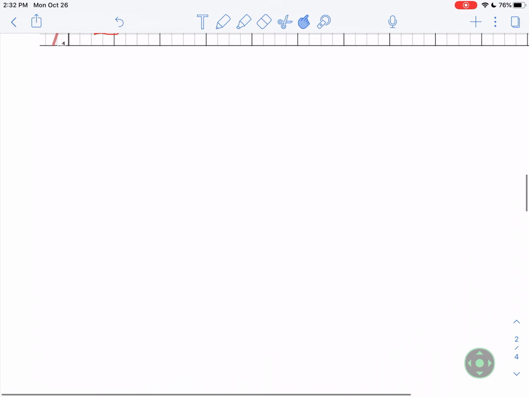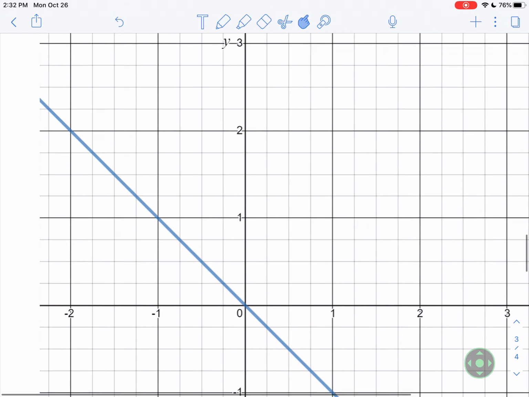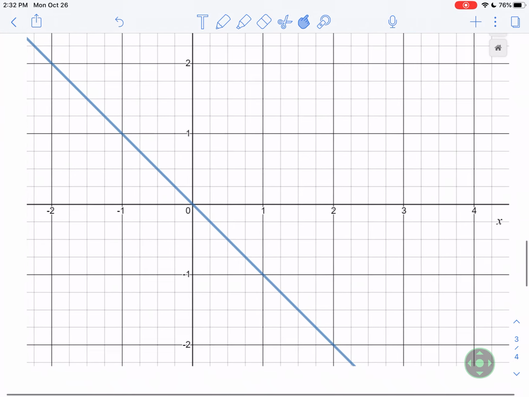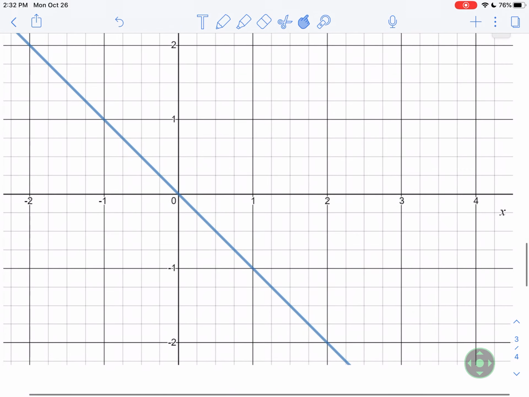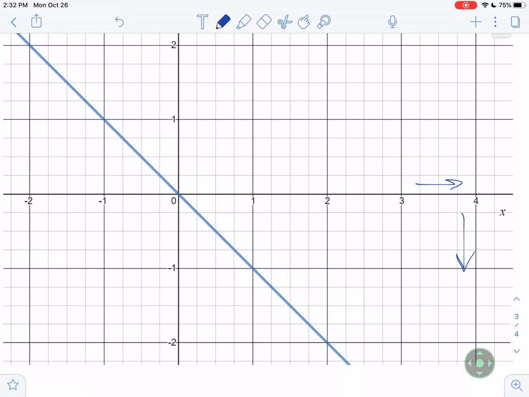All right, here is an example of a ramp with a negative rate of change. You'll notice now that as we move from left to right, the line is falling. So I'm going to pick 2 points like I did before, and I'm going to connect them with a ramp.